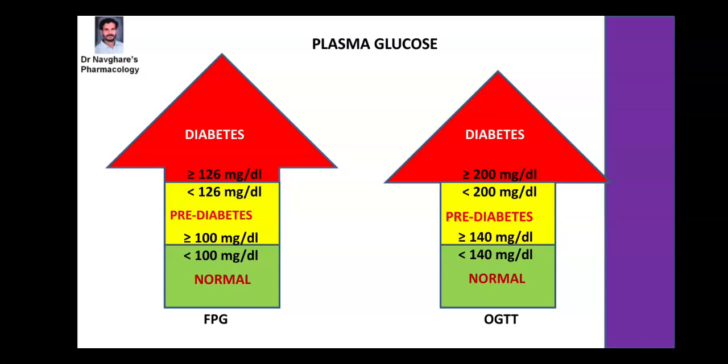In case of fasting condition, normal plasma glucose is below 100 mg per dl, while pre-diabetic is considered as 100 to 126 mg per dl. So, the fasting glucose in a patient suffering from diabetes is more than 126 milligram per dl.